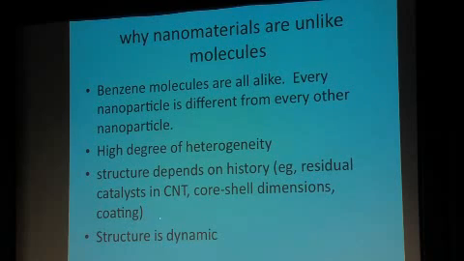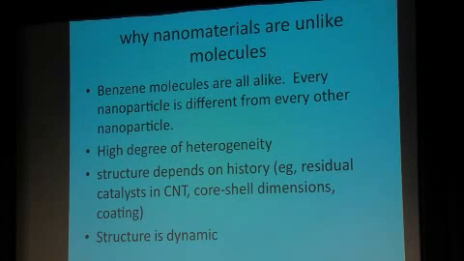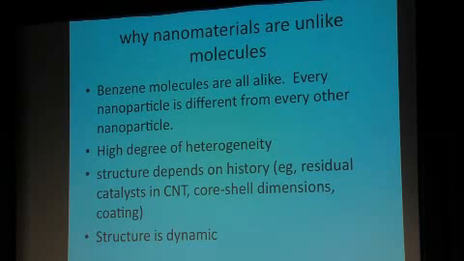And of course, when nanoparticles are made, often a chemical coating is applied to obtain a stable colloidal dispersion. Often the details of that coating have a major impact on the bioavailability of the particle and possibly its toxicological properties.